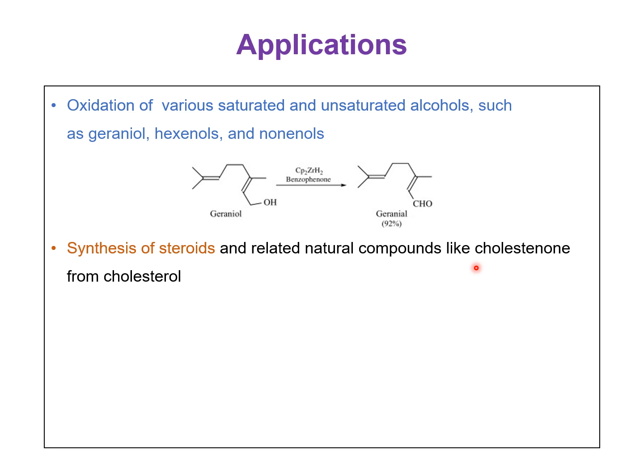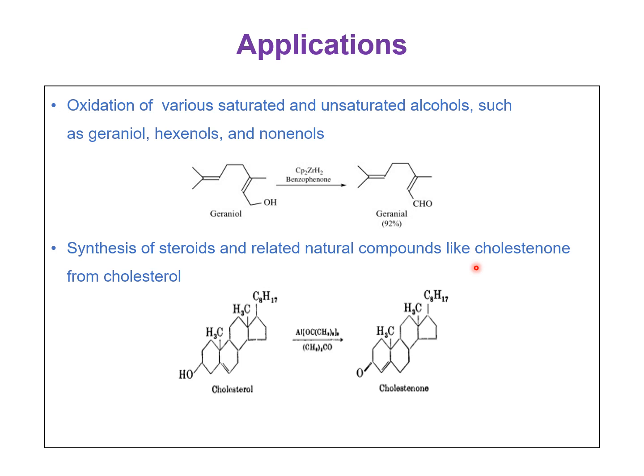It is very popular for the synthesis of steroids like cholesterol, which contains a hydroxy group in one of the rings. It can be converted into a ketone, and the unsaturation is also seen to be shifted in this case.